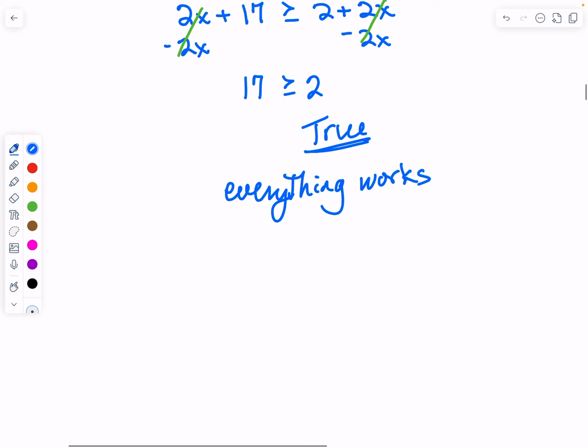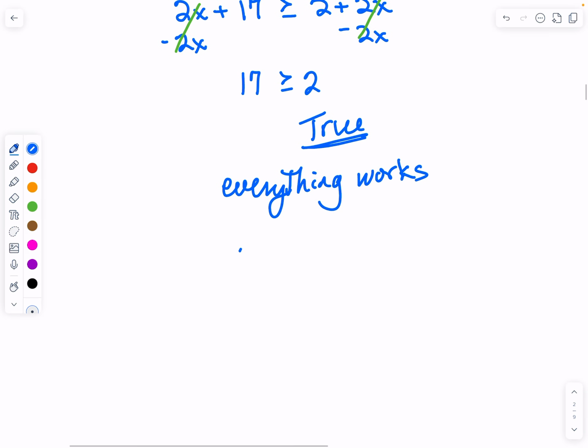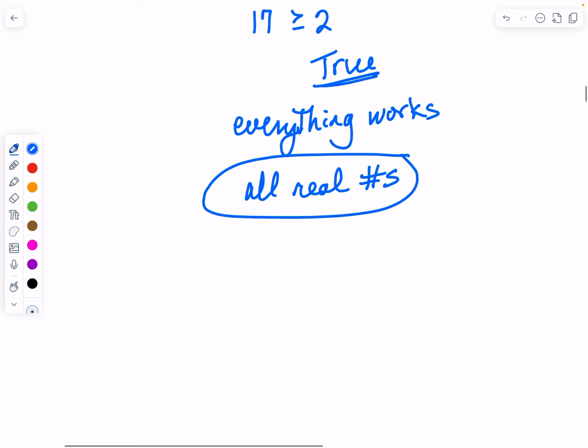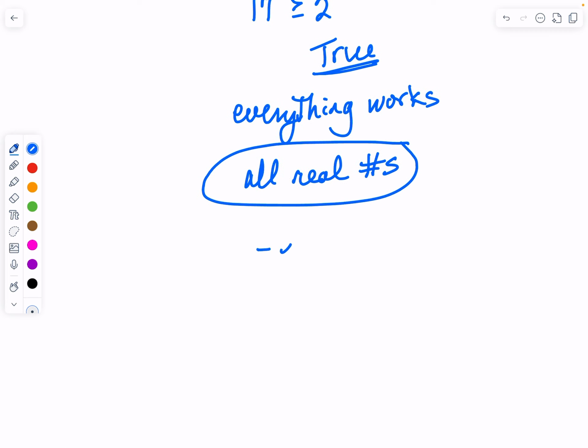So I like to say the answer is all real numbers. Now, my lab is going to have you write negative infinity to infinity with parentheses. This is called interval notation, which we are going to get to in this section. We're just not quite there yet.